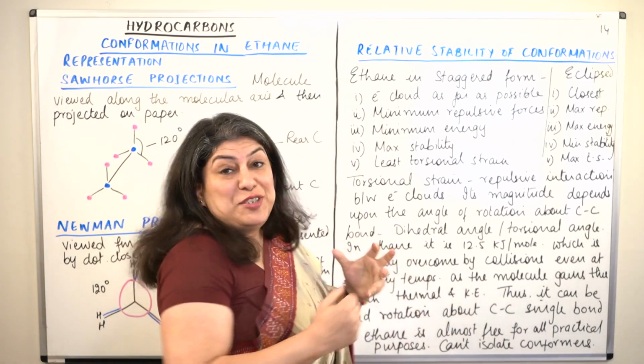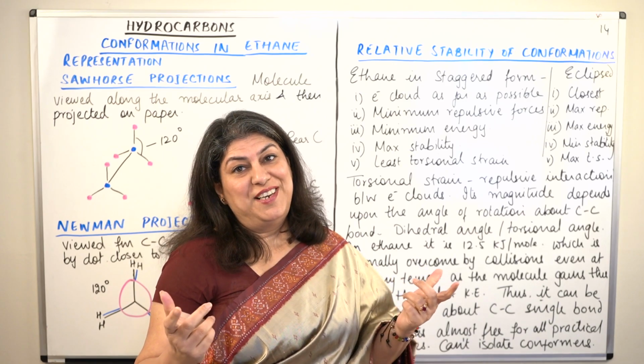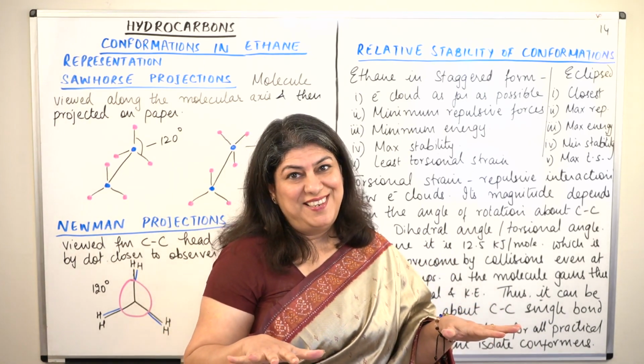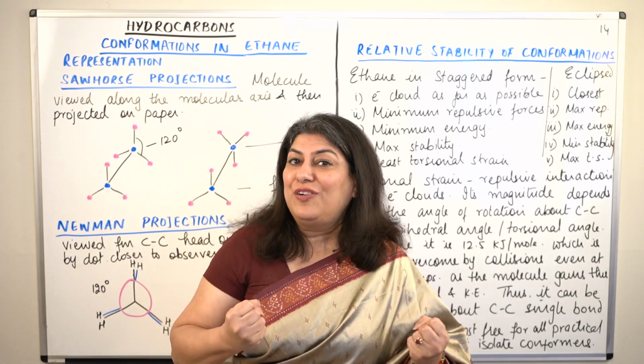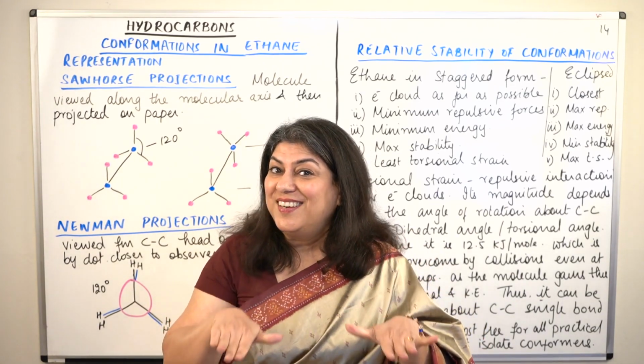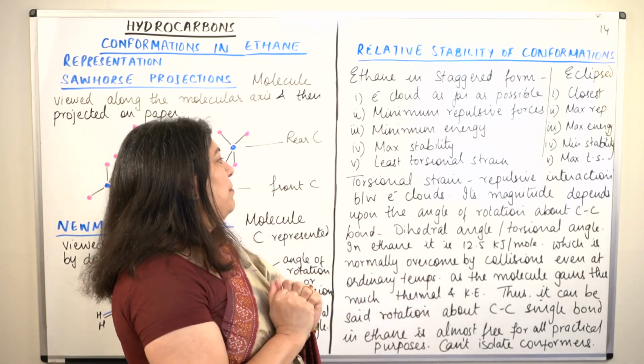So there's maximum energy, and whenever there is maximum energy, there is minimum stability. When you are charged, when you are angry, that is when you have a lot of energy, but your stability is the least. So there is maximum energy, but minimum stability.